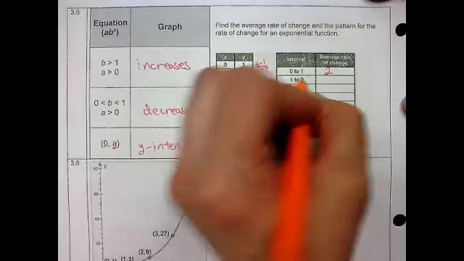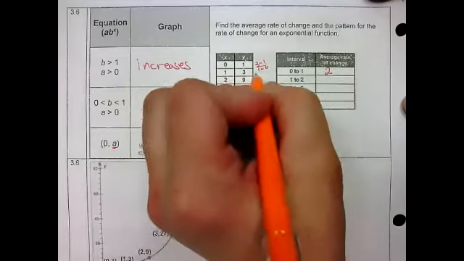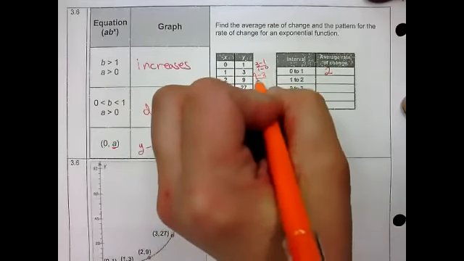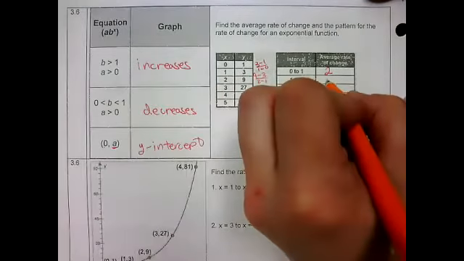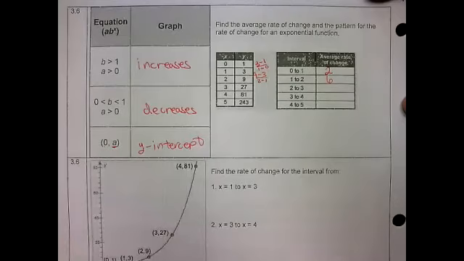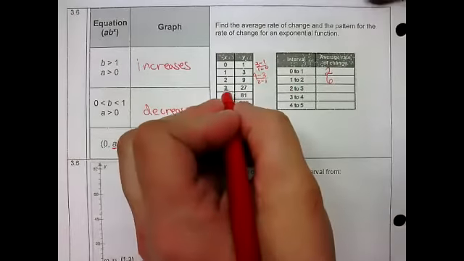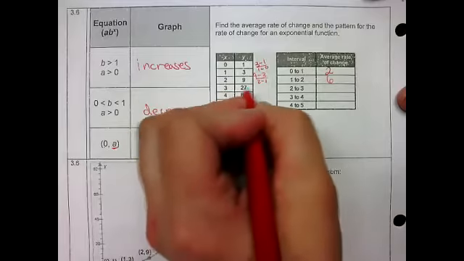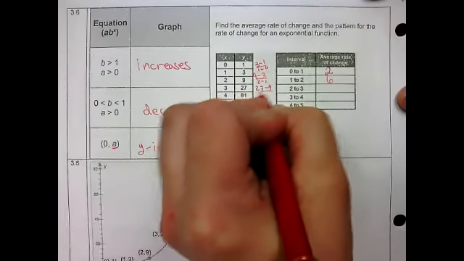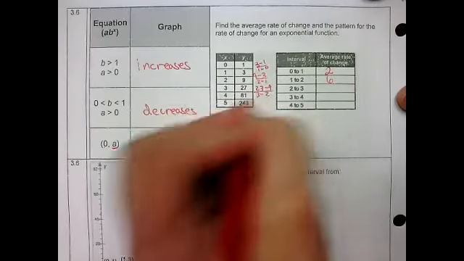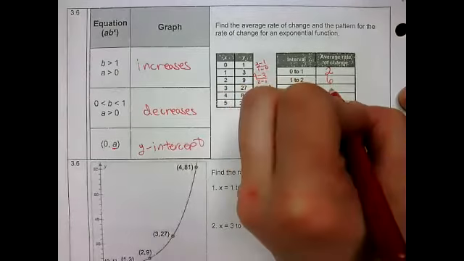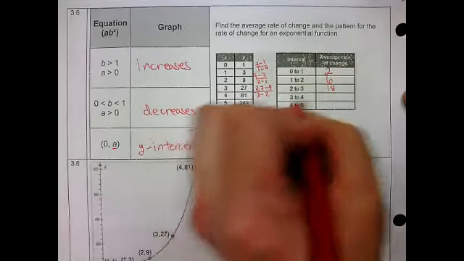For the interval from x is 1 to 2, it's 9 minus 3 over 2 minus 1, which is 6 over 1. From 2 to 3 is 27 minus 9 over 3 minus 2, so that's 18 over 1.